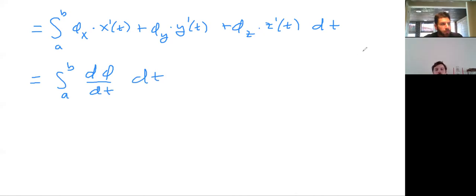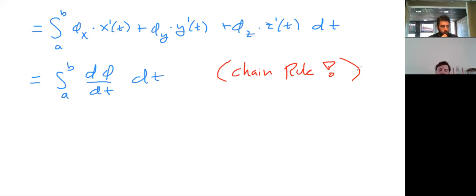Now, this is a big leap for most people. I know it was for me. This is the chain rule. So think about why the chain rule applies here. What is phi? Phi is some scalar function.